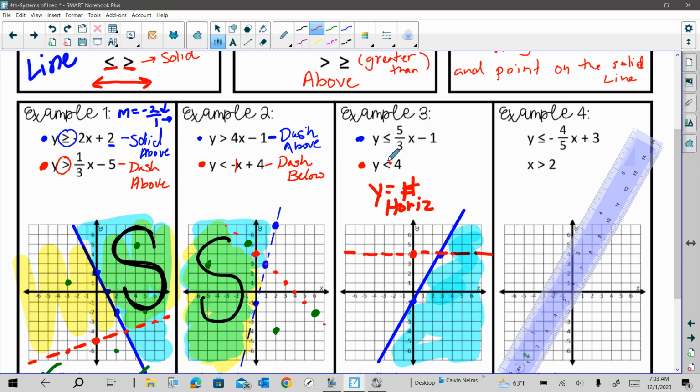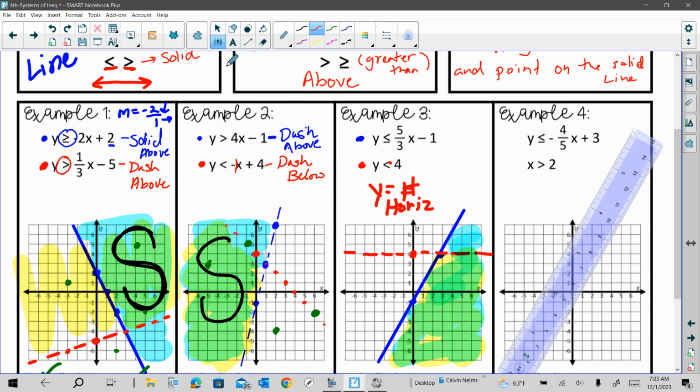Because it says this is less than, this would be below the line. The shading would be below. So I just want to go to the overlapping, which is right here. And that indicates the solution set.